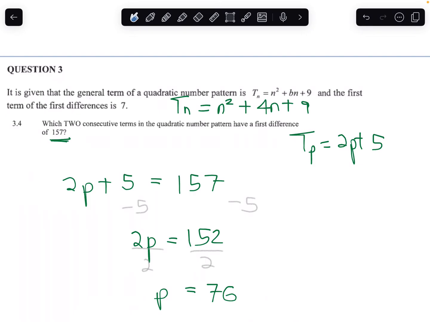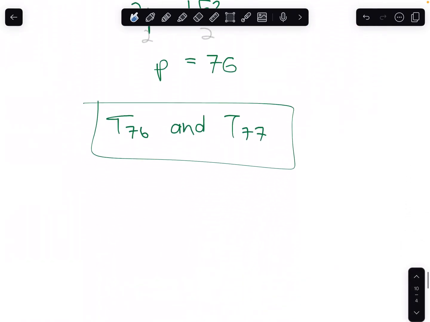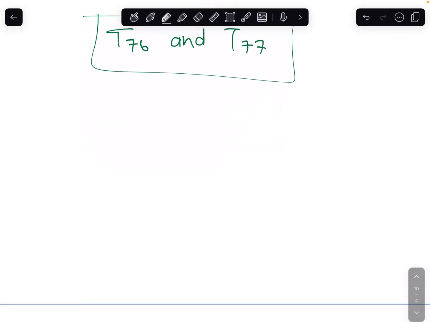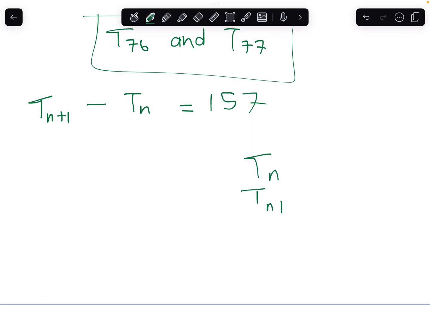So they have another way of approaching this, which is related. They say we're trying to figure out, okay, term n plus 1 minus term n, we need that to equal 157. So we have a term and the term after that, and we want the difference between them to be 157.